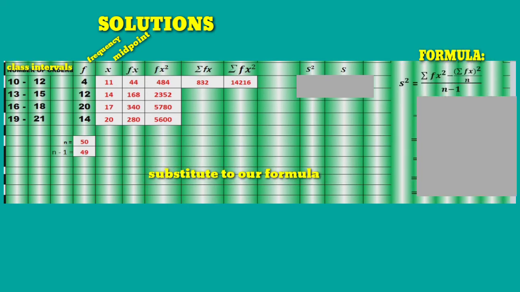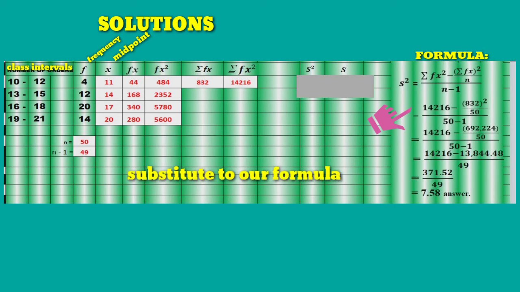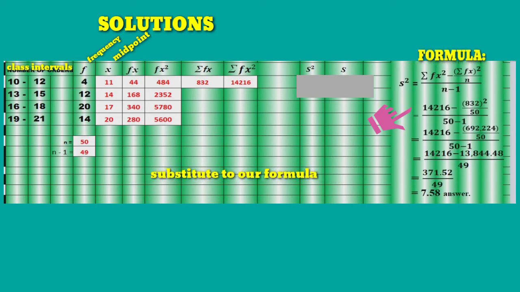Summation of fx squared, that is equivalent to 14,216. Summation of fx, that is 832 squared, divided by your n which is 50, divided by n minus 1, so that is 50 minus 1, and that is 49.